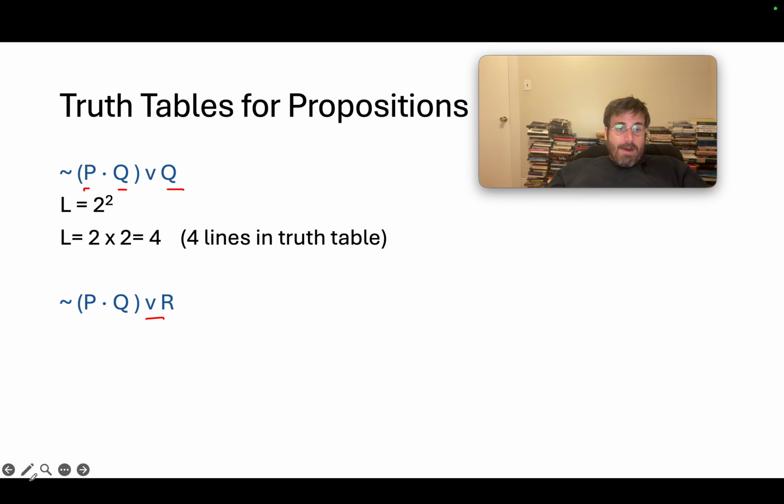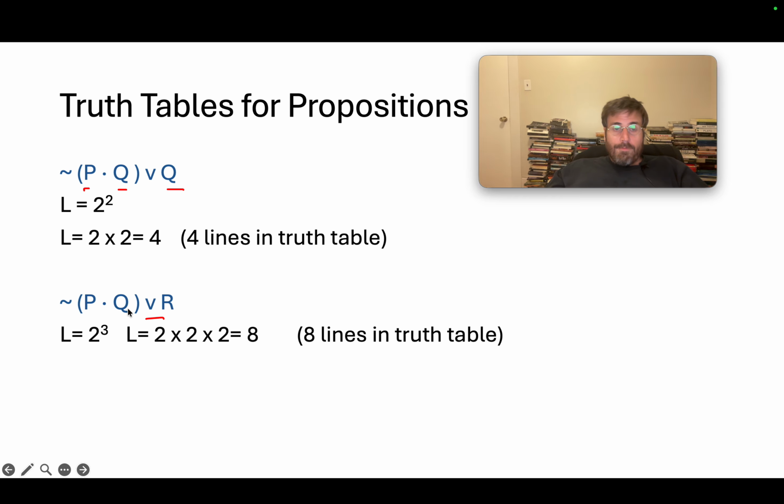So if we think about how many lines we need on this statement, we have to consider that there are 3 variables here, P, Q, and R. So L equals 2 raised to 3. So L is going to equal 2 times 2 times 2, or 8. So we would need 8 lines for a complete truth table for this statement.